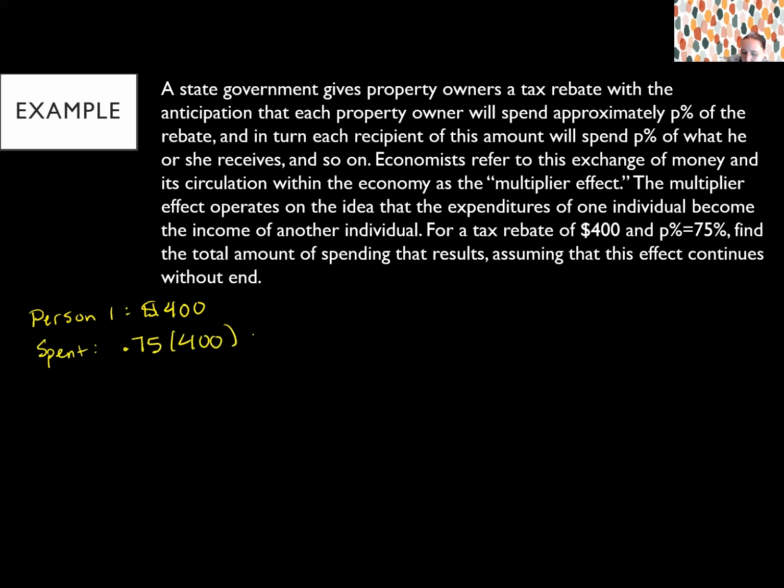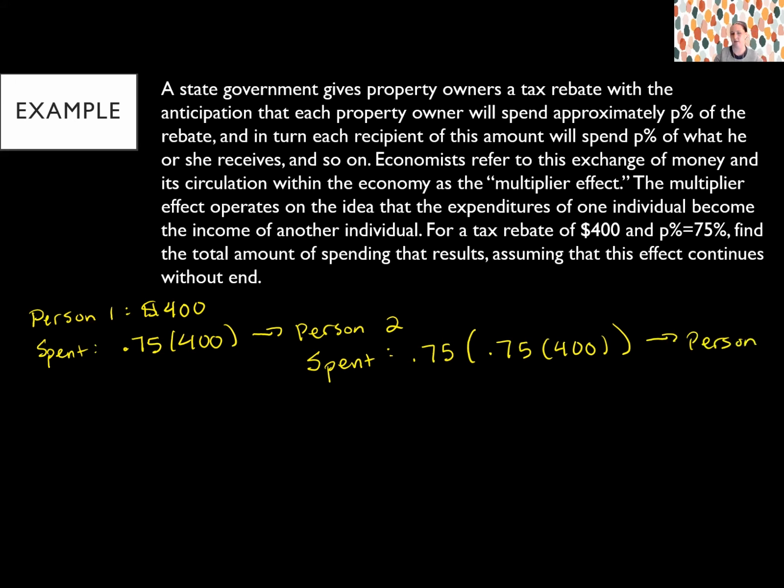And that becomes income for person 2. Then person 2 has just received that much money, and then they spend 75% of that. So they have 75% of what they just received. And then that goes to person 3, and this is essentially what's happening.